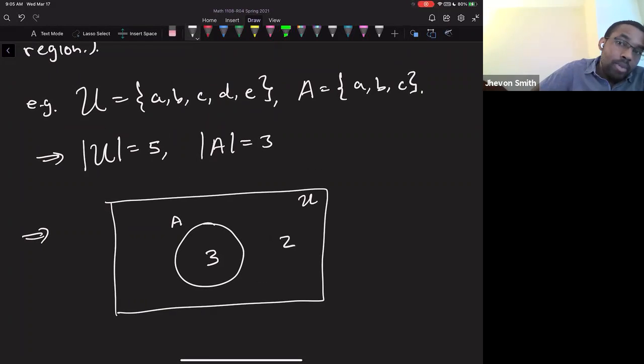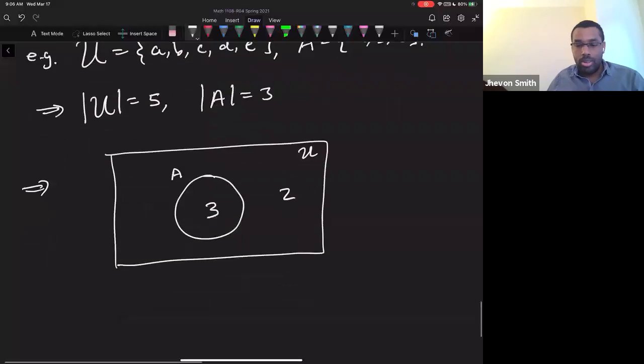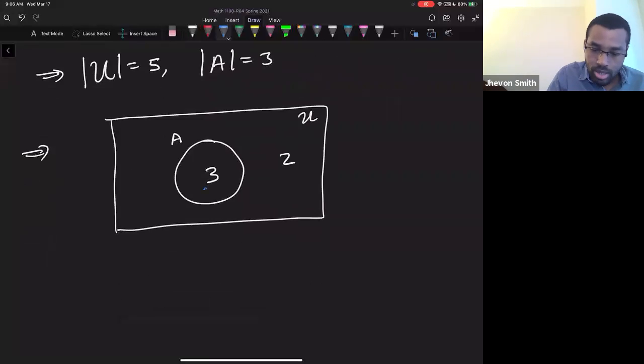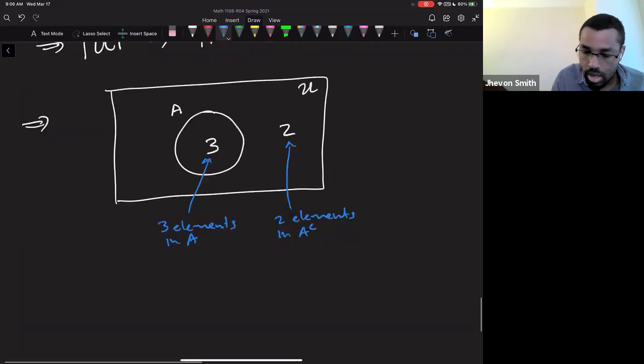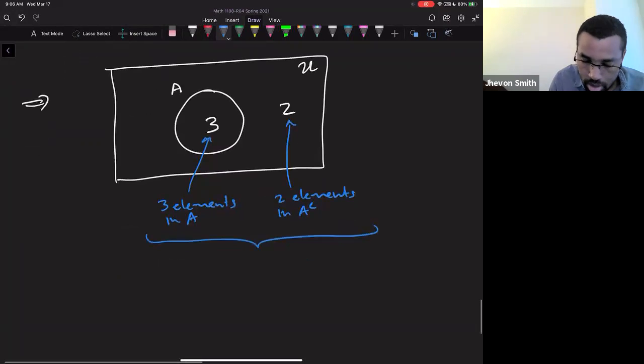So now I can say there are 2 things in A complement, but there are 3 things in A, right? And in total in this universe, there are 5 things. There's the 3 plus 2 things, right? So 3 elements in A, 2 elements in A complement. So a total of 5 things in the universe.